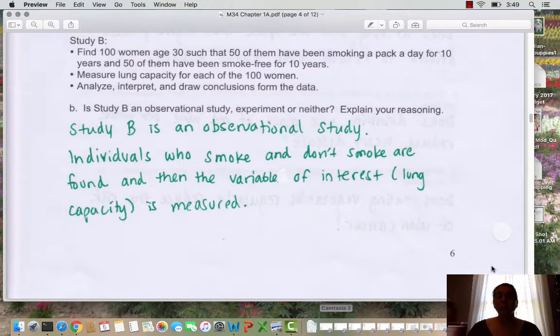There are some situations where we overwhelmingly have so much data from many years of observational studies that we can conclude that there is a relationship. Typically, we have to have an experiment before we can say there is a cause and effect relationship, but sometimes, with overwhelming data from observational studies, the medical and scientific community says there is a relationship.